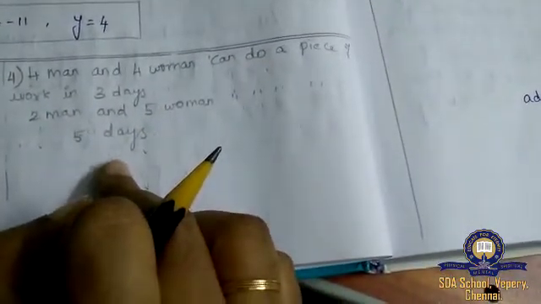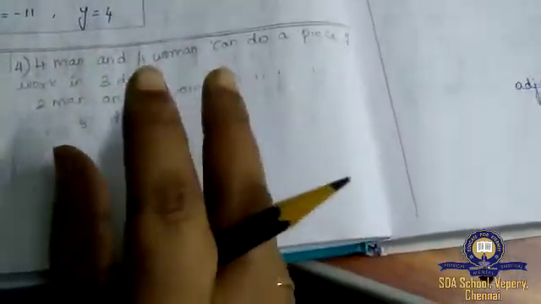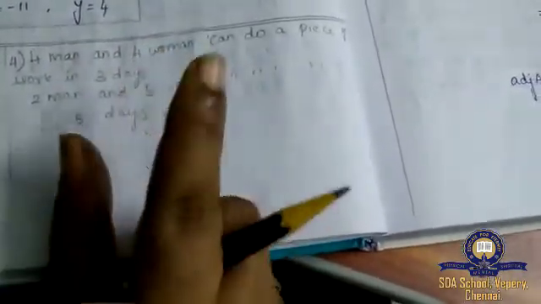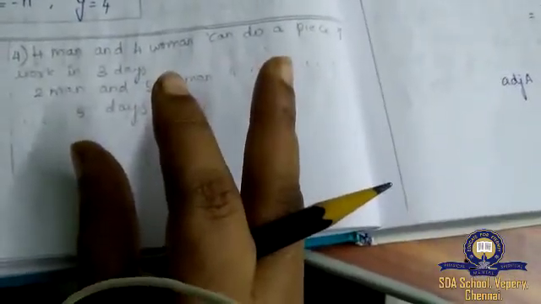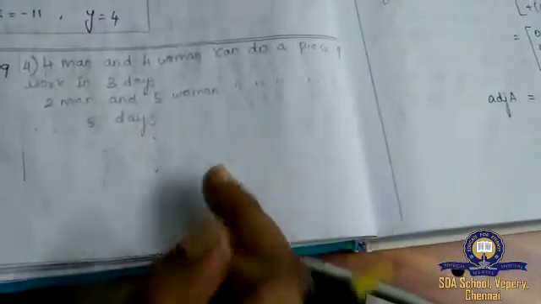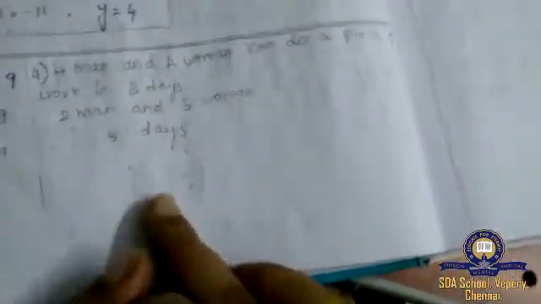We need to find out how many days 1 man alone and 1 woman alone can finish the work. That's what we have to find out. So you can check with the question. I've written a rough part because I'm going to take the equation. From the equation you can proceed with the sum.